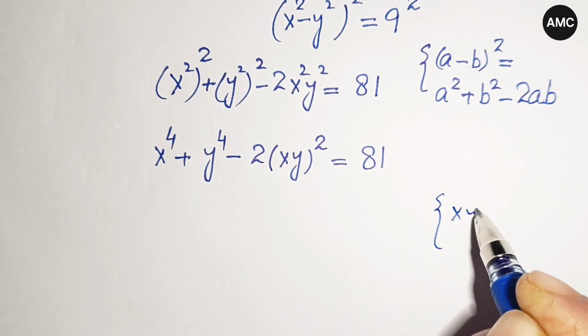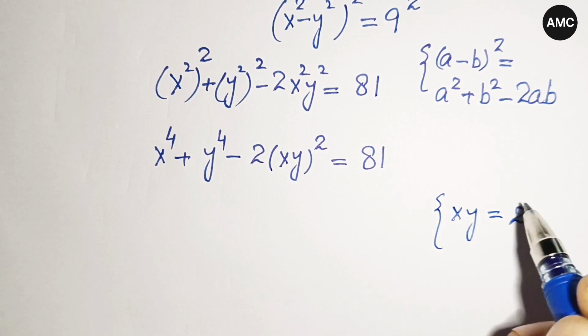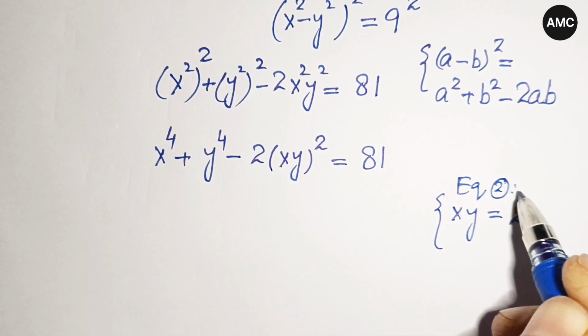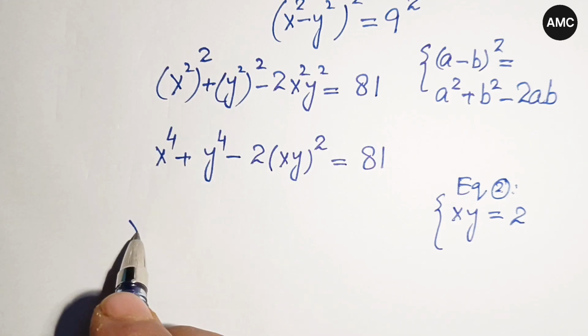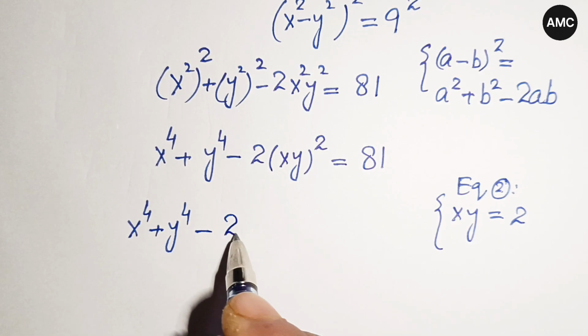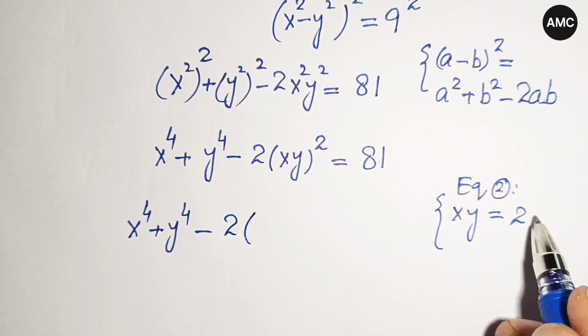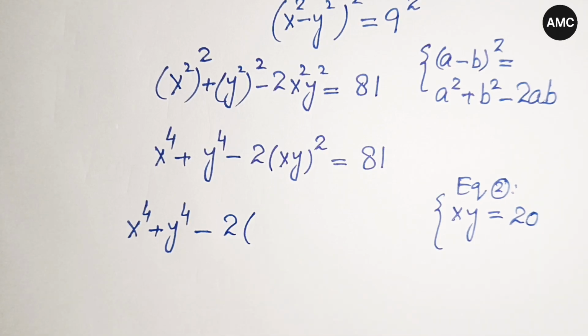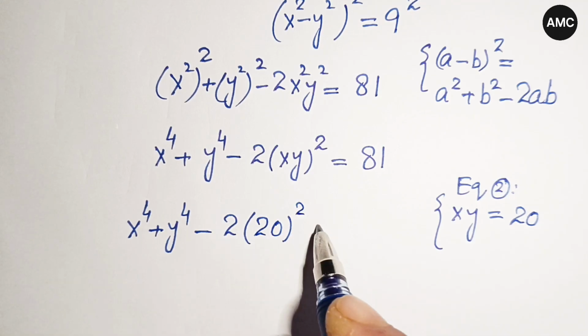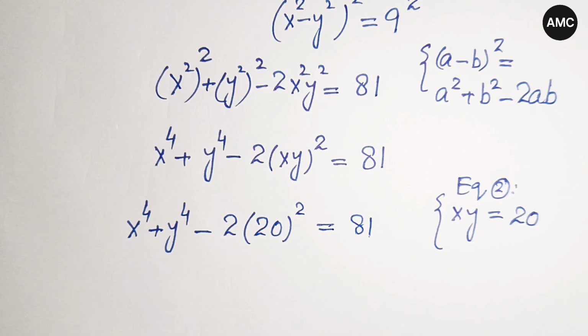So x to the power 4 plus y to the power 4 minus 2 times (xy) whole squared, sorry, not 2 but 20, so 20 whole squared, is equal to 81.